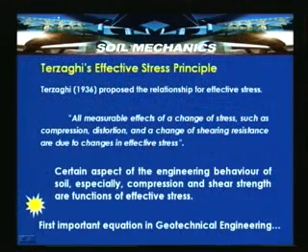In this slide, once again, we look at the importance of the equation proposed by Terzaghi. In 1936 Terzaghi proposed the relationship for effective stress. It was said that all measurable effects of a change of stress, such as compression, distortion and a change of shearing resistance, are due to changes in effective stress, which is computed mathematically from the total stress and pore water pressure.